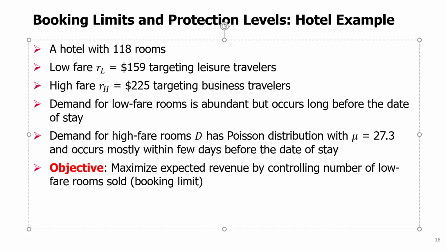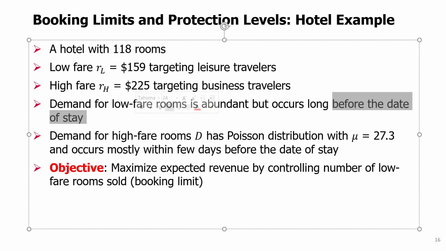So the lower price will target leisure travelers, while the higher price, 225, will target business travelers. Now, because these are leisure travelers, we assume at this price we can sell all the rooms, so the demand for this low fare is abundant, but it occurs long before the date of stay.